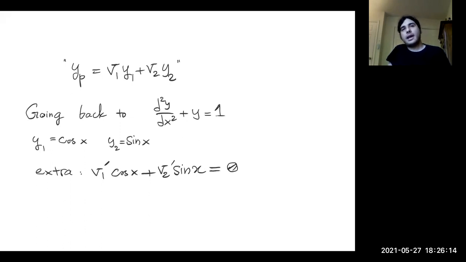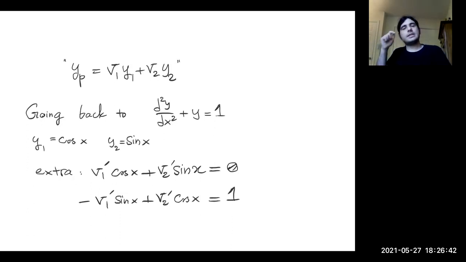That's the extra equation. The equation which simply follows from our computations would be this one: minus v1 prime sine of x plus v2 prime cosine of x equals 1.